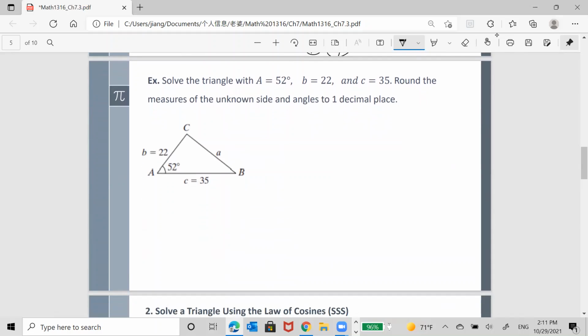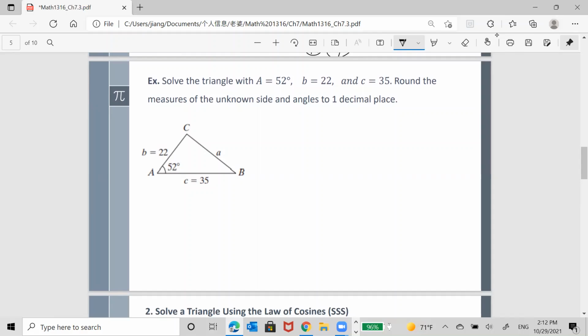Okay, let's see the example. Solve the triangle with A equals 52 degrees, B equals 22, and C is 35. So they provide us SAS. Let's use the law of cosine.